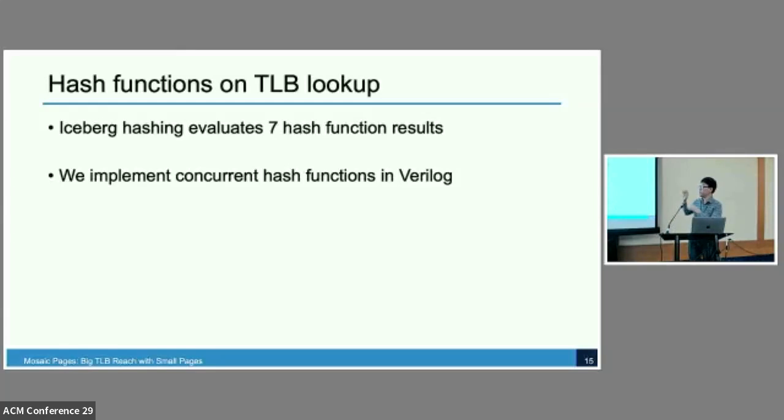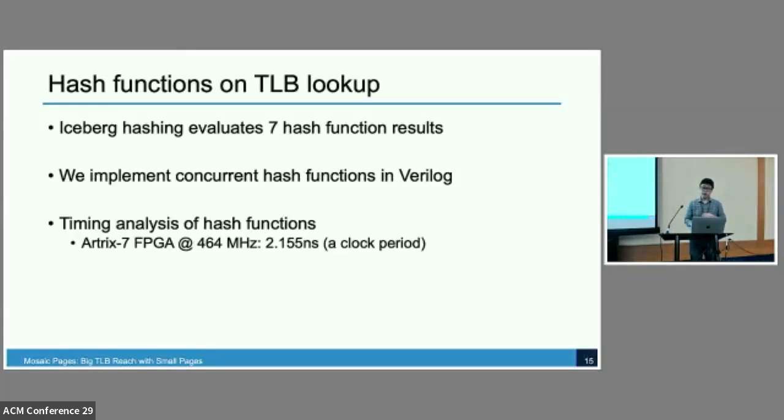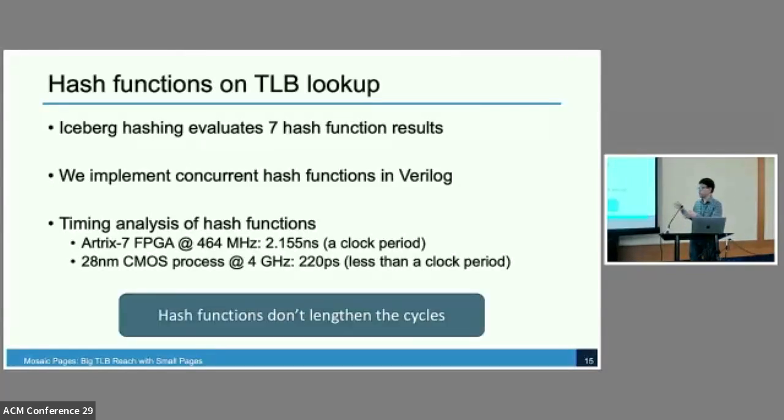When we synthesize this in FPGA, the evaluation takes a clock period. And then we synthesize this into a commercial CMOS process, which runs at 4 gigahertz, and the evaluation takes less than a clock period. This shows the hash function won't lengthen the cycles.